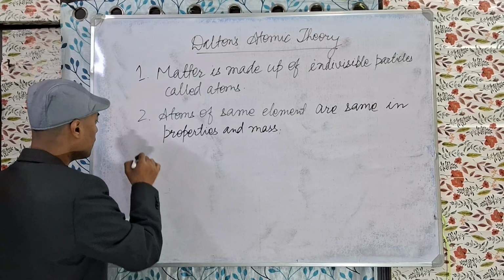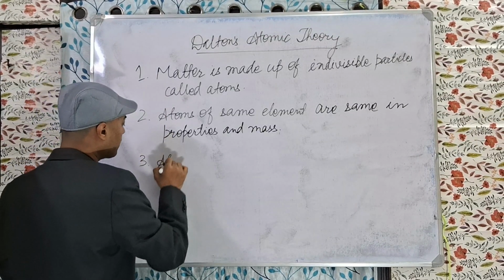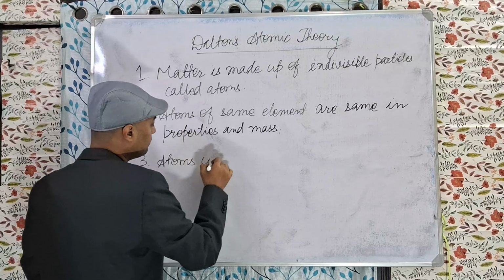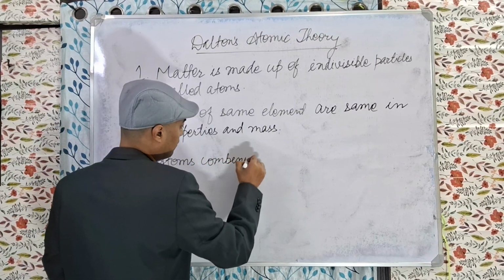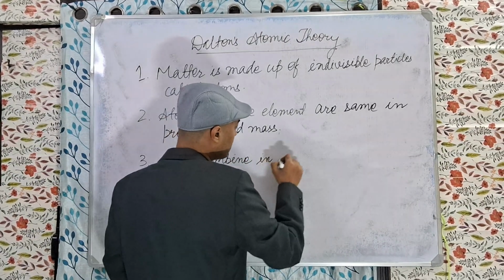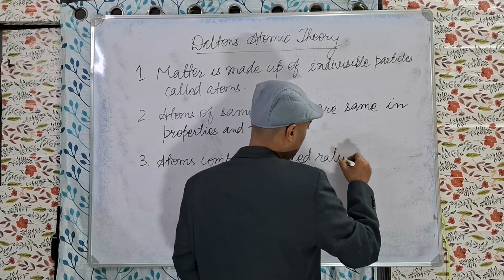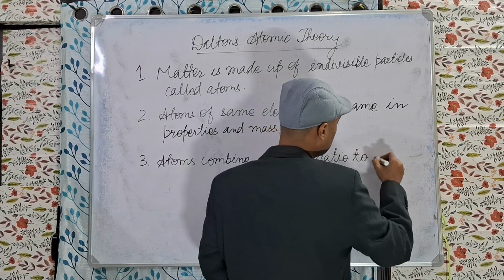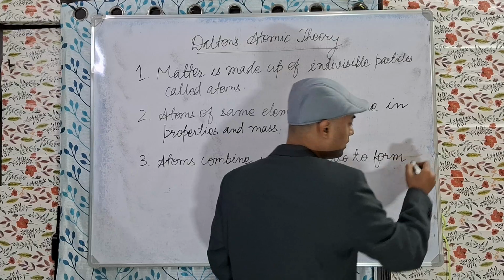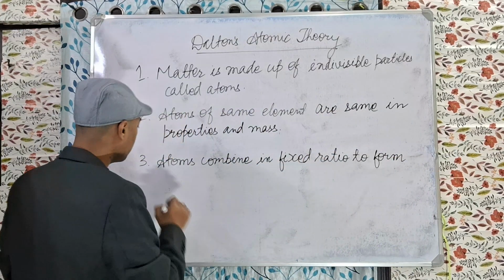Okay, the third one is: atoms combine in a fixed ratio to form compounds.